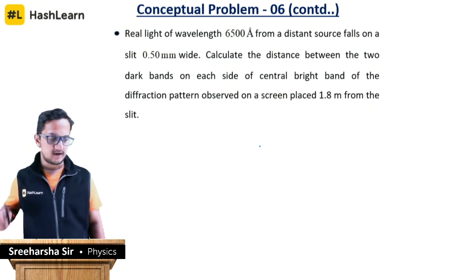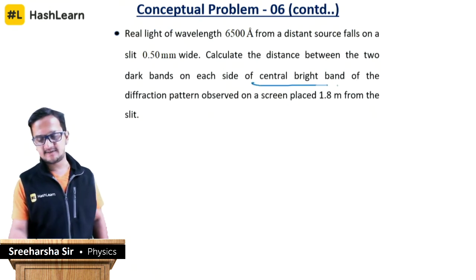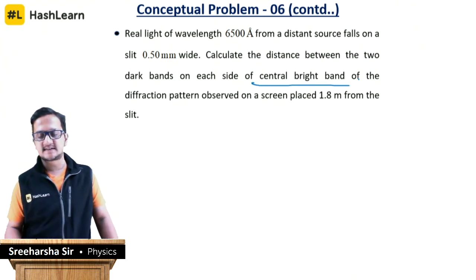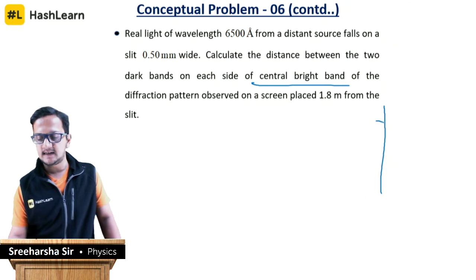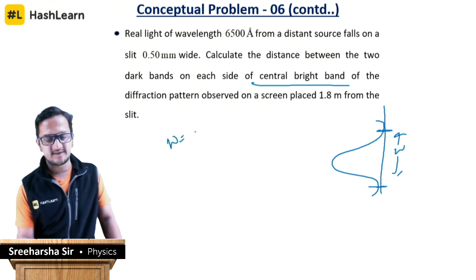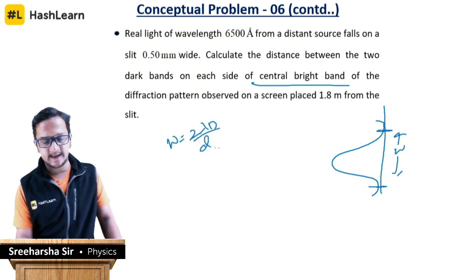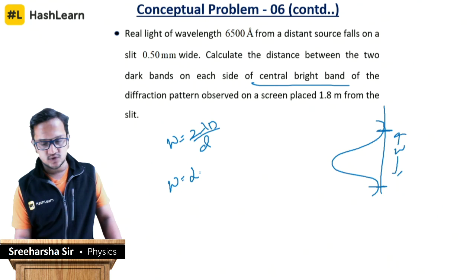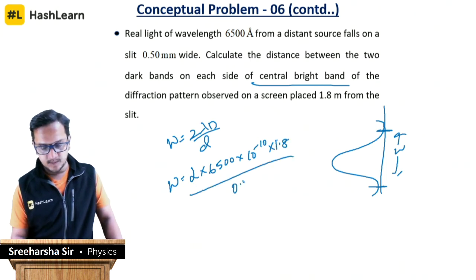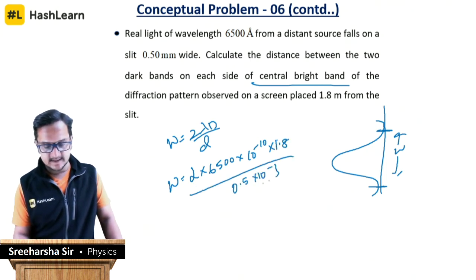So students, if you have read the question properly, it is given central bright band. So if you calculate the width, that will give you the distance between, if this is the screen and this is the pattern, so this distance is being asked, which is equal to the width, and the width is given by 2 lambda D by d. So W equals 2 into 6500 into 10 power minus 10 into 1.8 divided by 0.5 into 10 power minus 3.